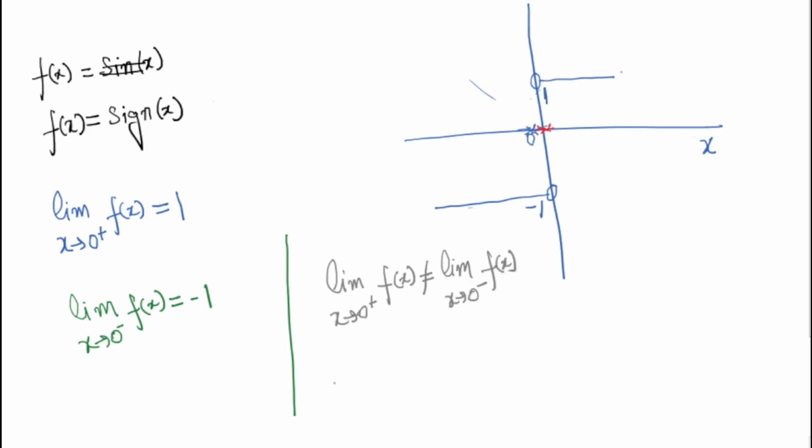So we can say that the limit as x tends to 0 of f(x) will not exist at 0. For the signum function, the limit does not exist at 0.